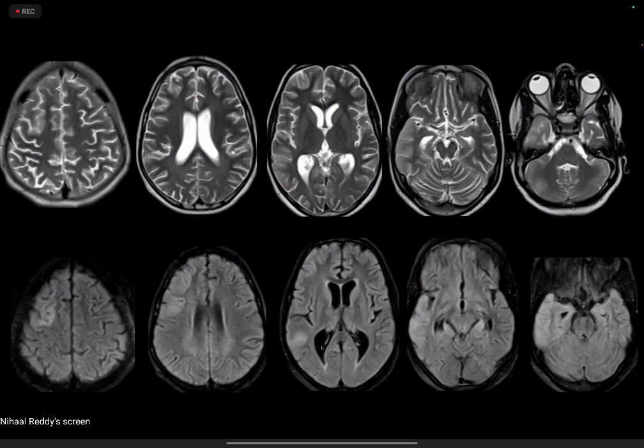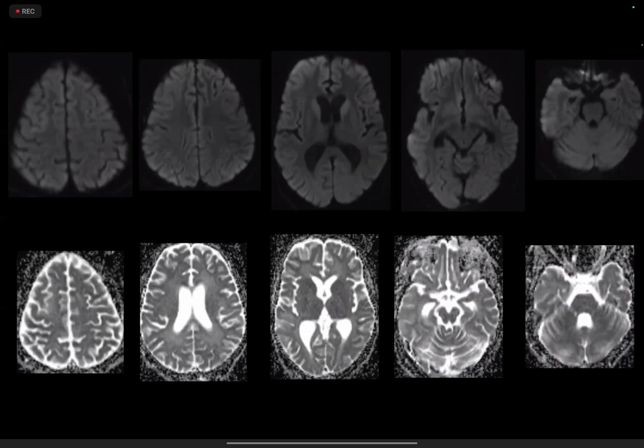Periventricular, some hyperintensities, but not significant, some degree of mild lateral ventriculomegaly, given that there's overall reduction in the volume of the brain parenchyma. I could not appreciate any structural abnormalities, malformations, or related changes. On the diffusion weighted sequences, there was some degree of high signal changes in the frontal cortex and the anterior basal ganglia, and in the temporal lobe, the right side more than the left.